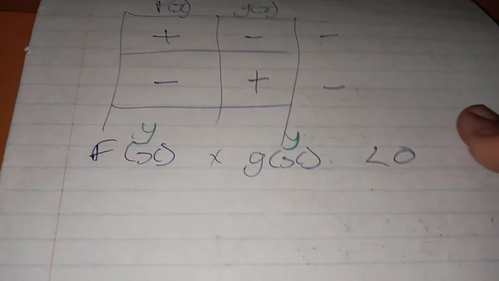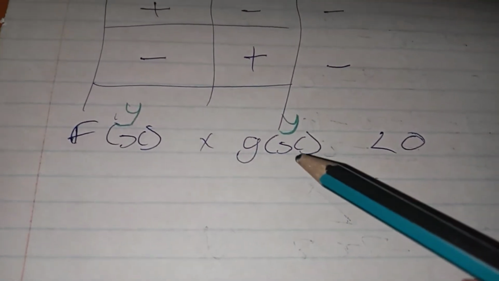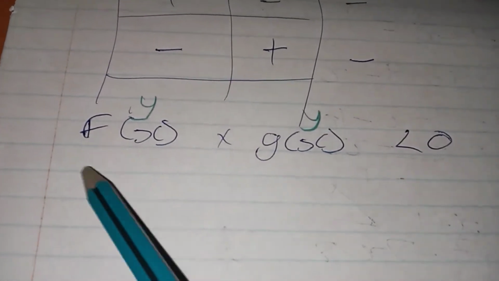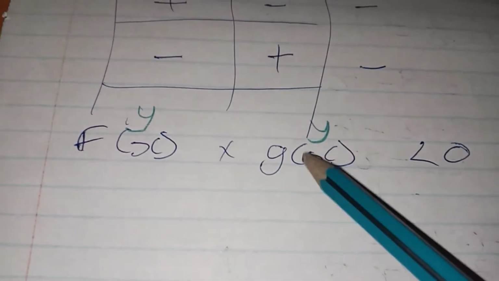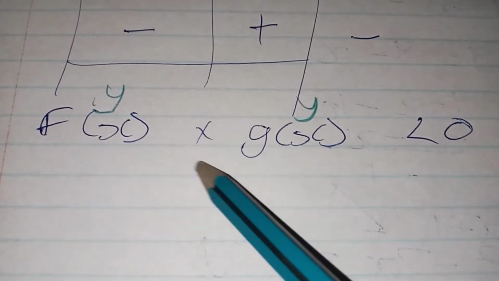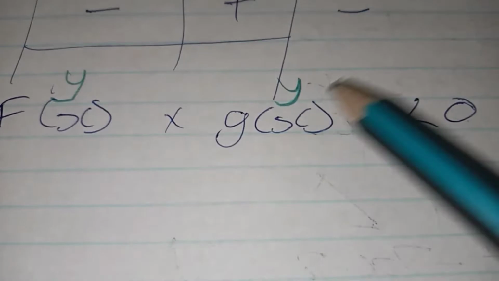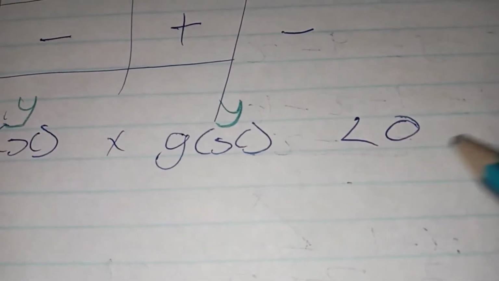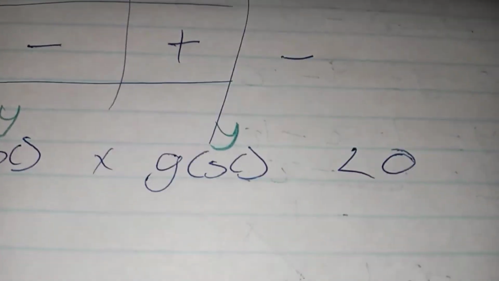So continuing. So basically, to simplify this question, we are looking for y values of f that can be multiplied with the y values of g and will end up giving me a negative number. That's basically what everything says here.